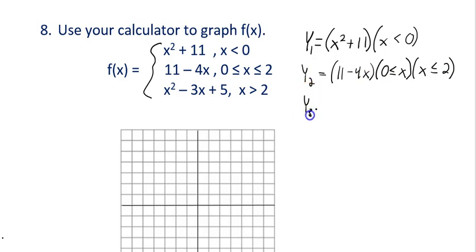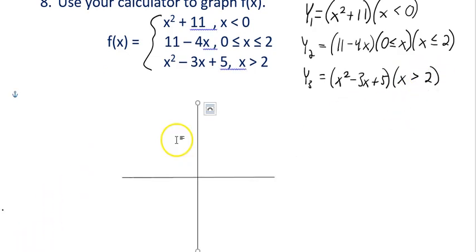And then you go to y3 and put in your x squared minus 3x plus 5. Open up another parenthesis and say x. Get the greater than symbol from the test menu, put down your 2, and close it out.